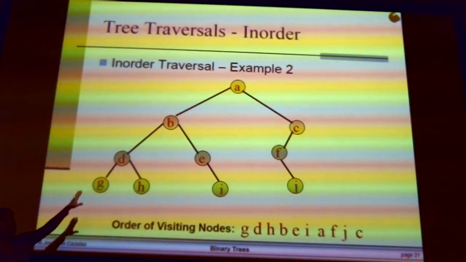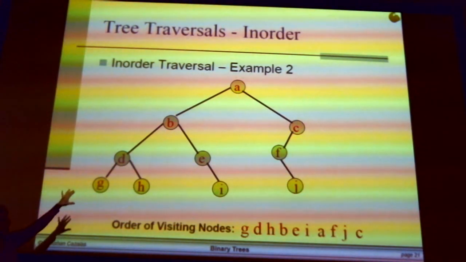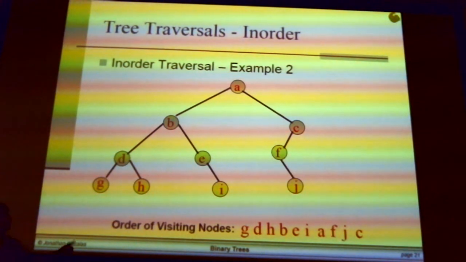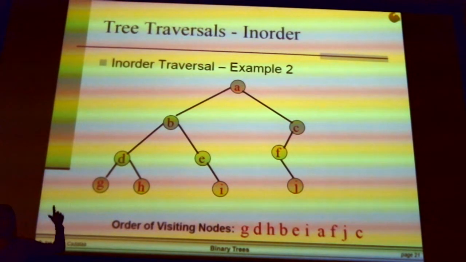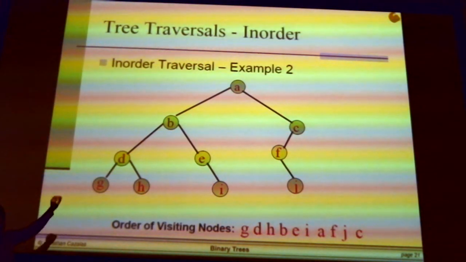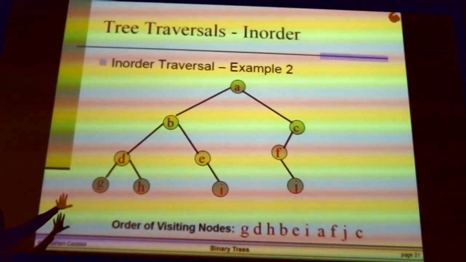From a visual perspective, ignore the fact that A is there for now. Go to your left. B has two children, D and E. So we have to examine those next two nodes. Go to the left first.